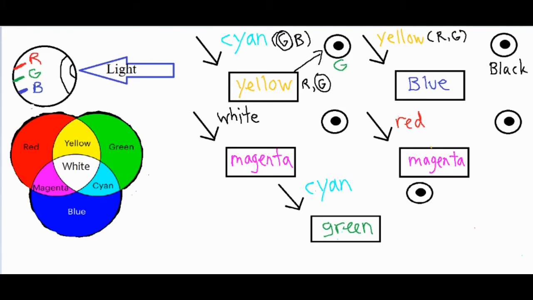Now for our next one, we have white light, which is usually what we view things under, and that is a combination of everything. It's got the red, green, and blue. Magenta is our secondary color over here, so it's capable of reflecting red and blue.